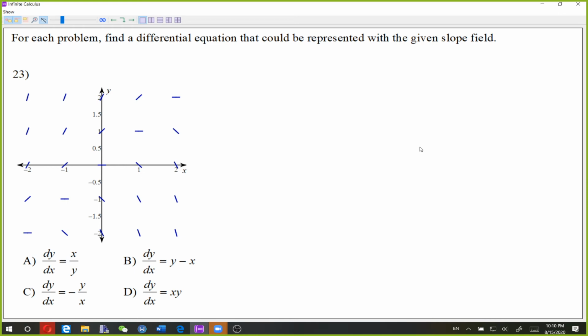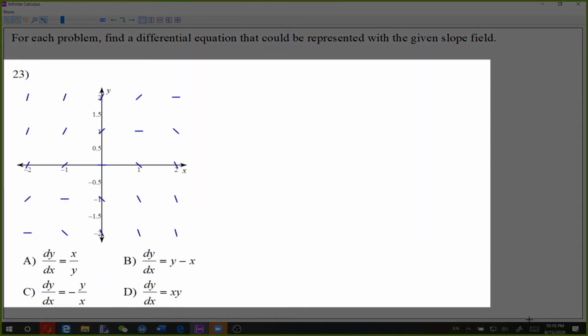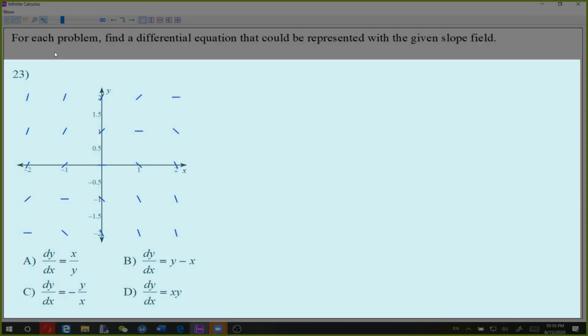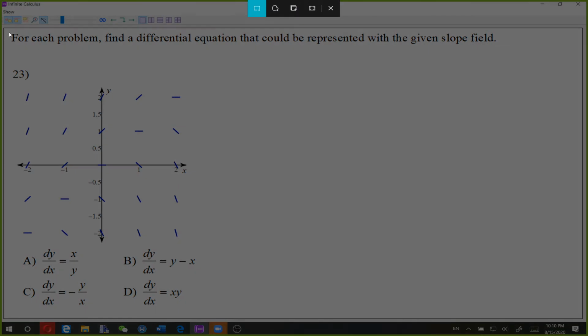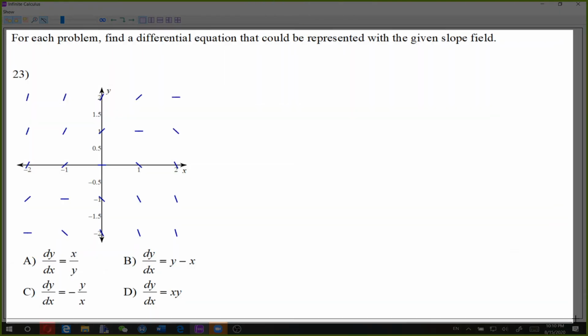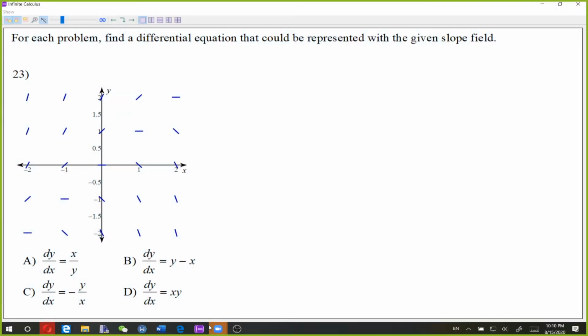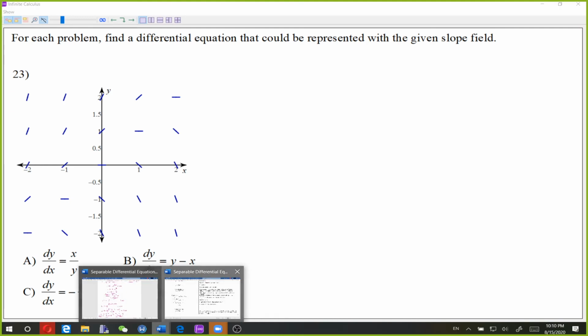Okay, so what I've got here is a bunch of different possibilities for one of these differential equations that I have listed here on the bottom. Now you were running through AP Calculus AB stuff with me last year, I think, so you've seen all this before.